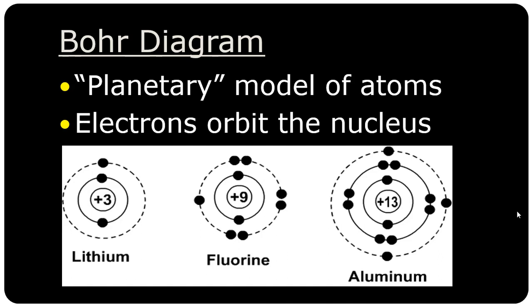For Bohr diagrams, the nucleus is not important. It doesn't have anything to do with chemical reactions. The nucleus just kind of sits there. So in a Bohr diagram, we just don't bother drawing all the protons and neutrons. We just put a symbol that replaces the nucleus.